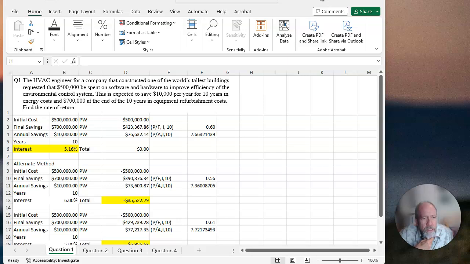So this is significant savings. An initial cost has the final savings of $700,000 at the end of year 10 and an annual savings of $10,000. And you want to know what the rate of return is on this.